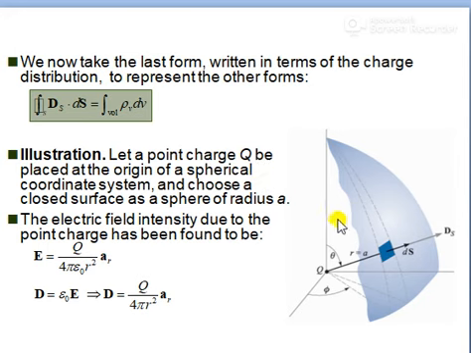Now let us consider one example, a point charge located at the origin. Let a point charge q be placed at the origin of the spherical coordinate system and choose the closed surface as a sphere of radius a.